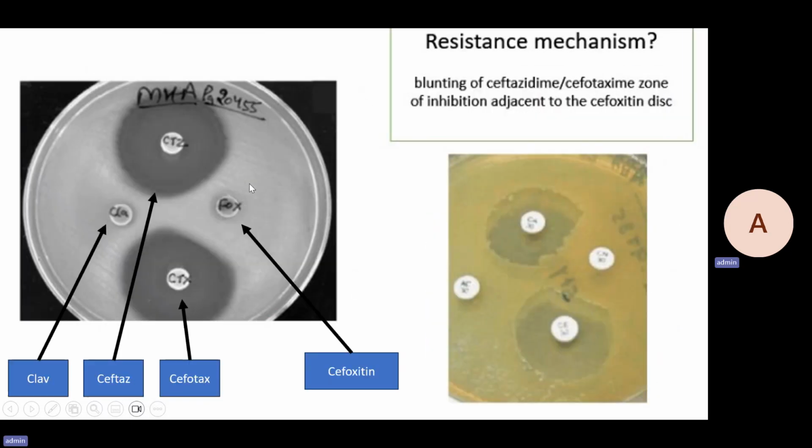Okay, sorry. The same thing here. Cefoxitin is actually inducing it here, and that's why you are seeing a D-shaped zone formation there, like the D test you see for macrolide and clindamycin. It's similar. So it's proof that there is an inducible AmpC in this bacteria.